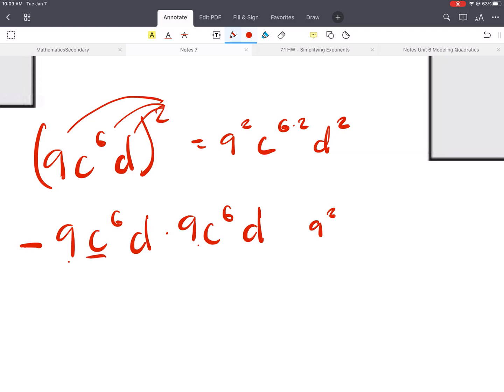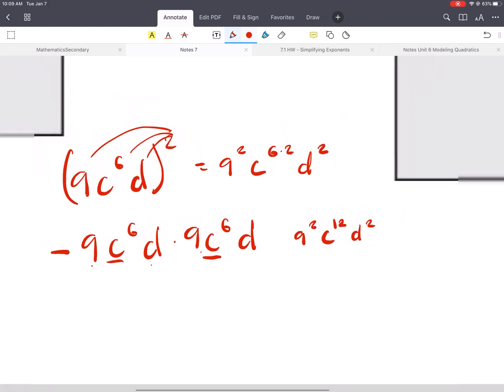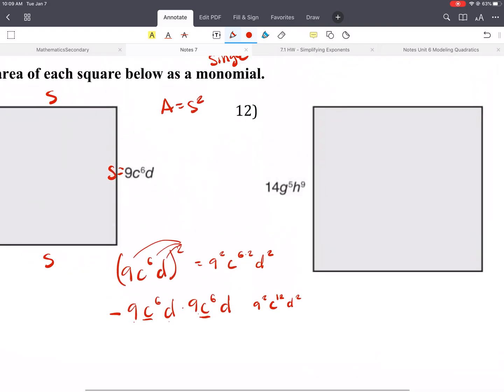Would have c to the 6th times c to the 6th. Well, that's just c to the 12th. And then would have d times d, that's d squared. Okay, so either way, you end up getting the same thing. So here our area would be 81. 9 squared is 81. C to the 12th, d squared. Okay, probably could have done that a little more simply.